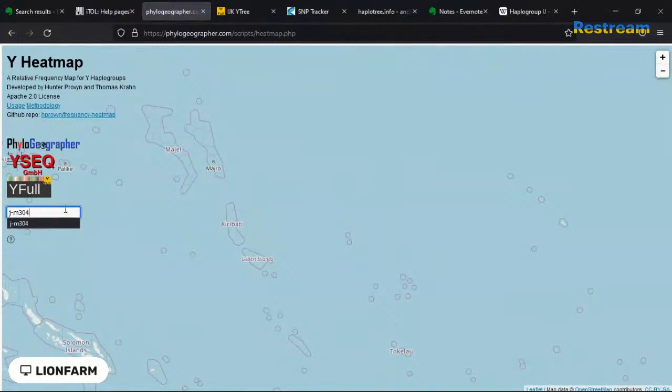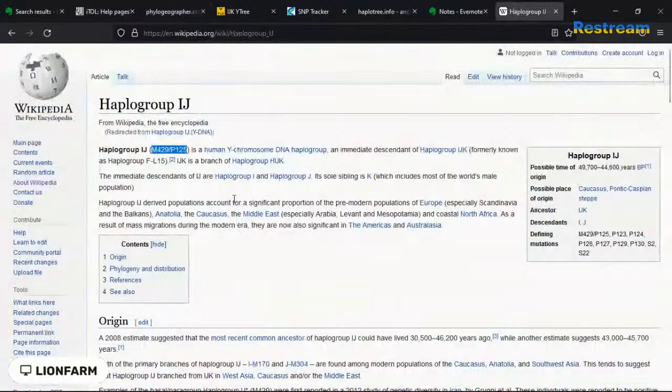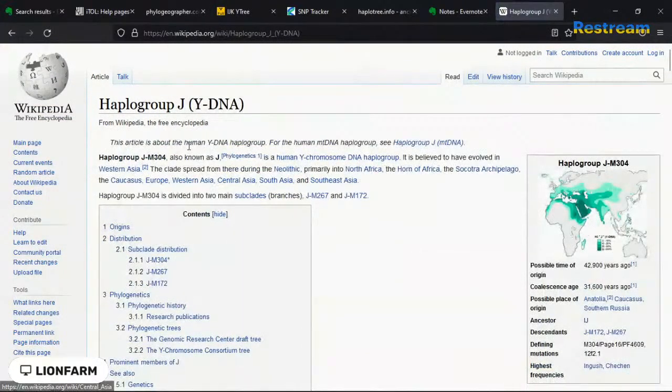If we go over here and go to J, you can notice something about J, is that J starts with this one, J-M304. Now we don't have that node today because it split and it became J1 and J2. But that would have been the father of J1 and J2 that would have originally made all those descendants.